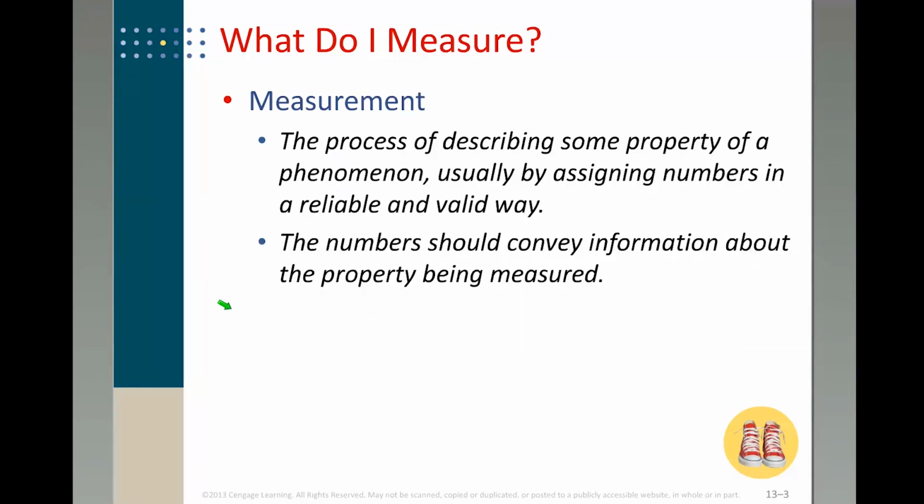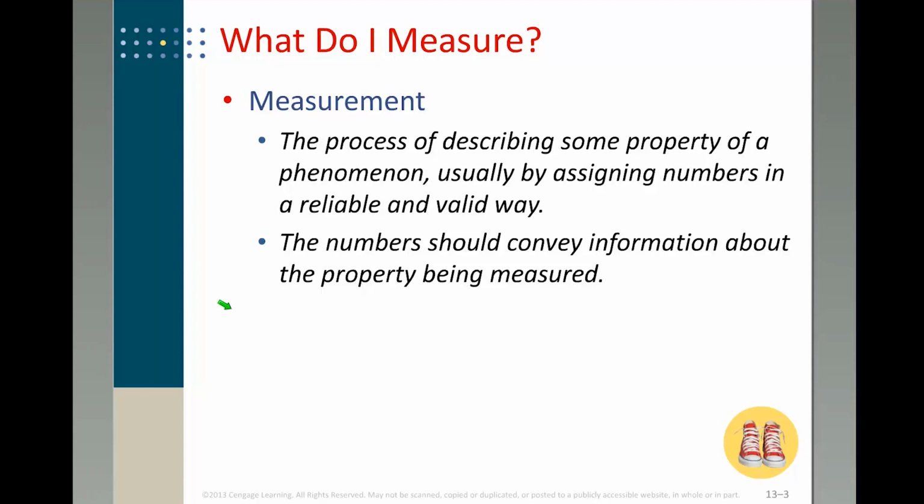Now let's talk about measurement. Okay, the first question when you try to define measurement is, what do you want to measure? Measurement is the process of describing some property of a phenomenon, usually by assigning numbers in a reliable and valid way.